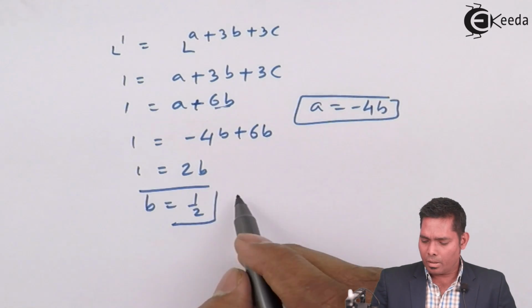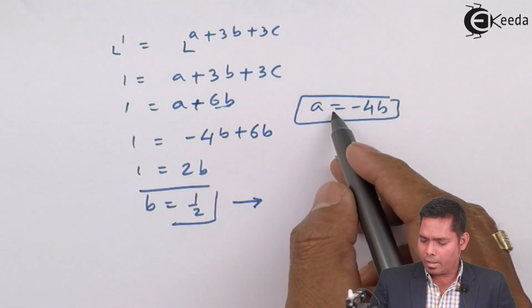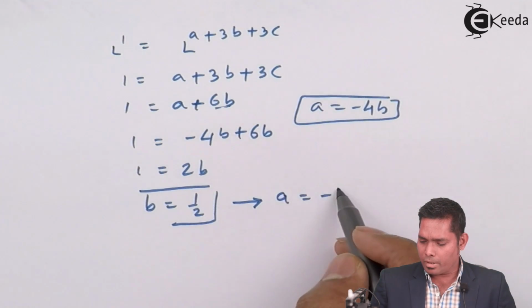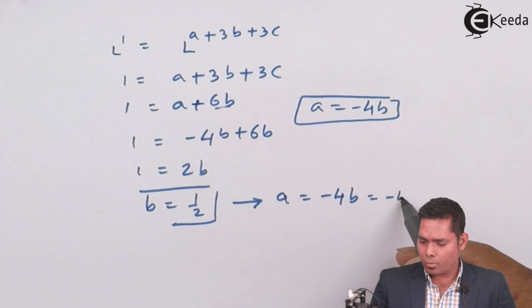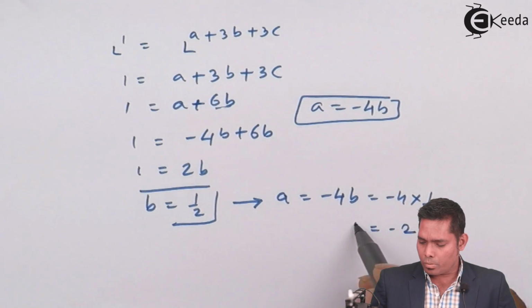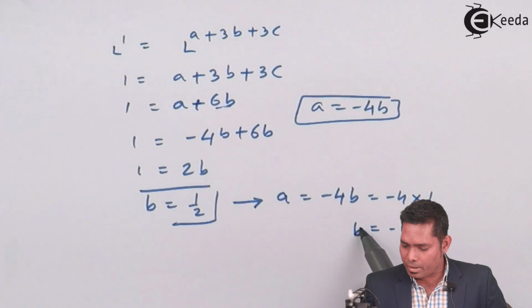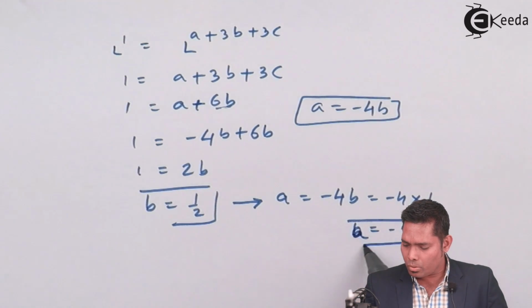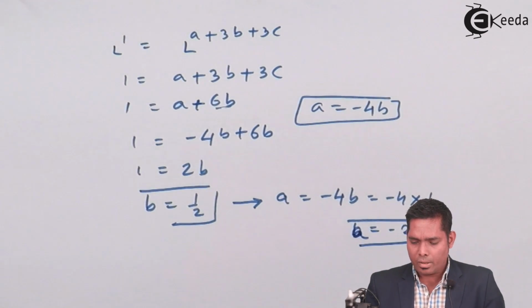Once you get b, it follows that a becomes minus 4b, which is minus 4 times b is half, so it is minus 2. So b I am getting as half, a I am getting as minus 2, and I can use any equation.